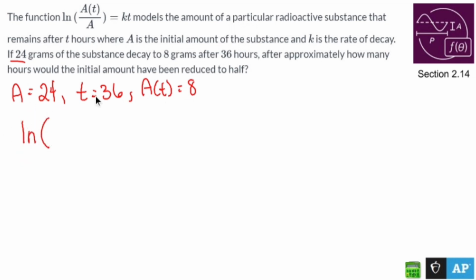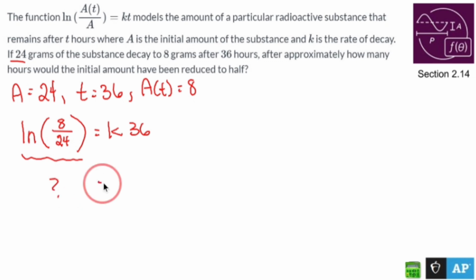ln of A of t is going to be ln of 8 over A, which is 24, equals k times 36. So this is what I'm going to do in my calculator. I'm going to type that out and get some gross number.